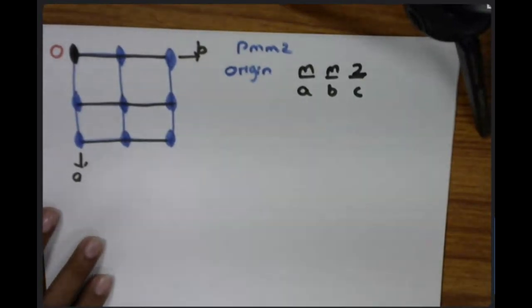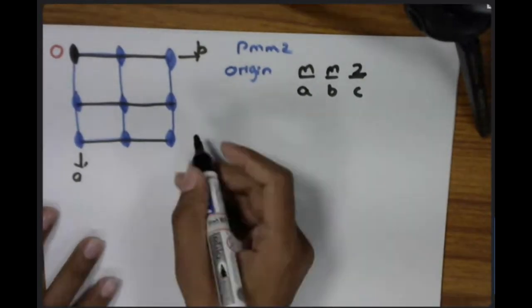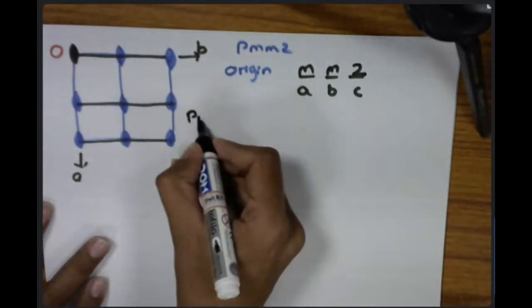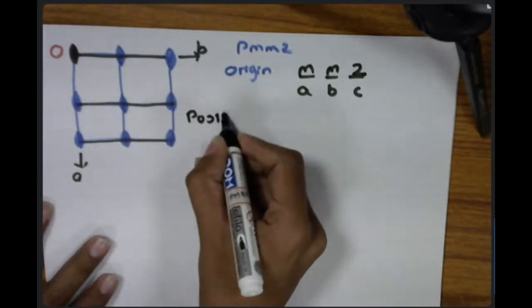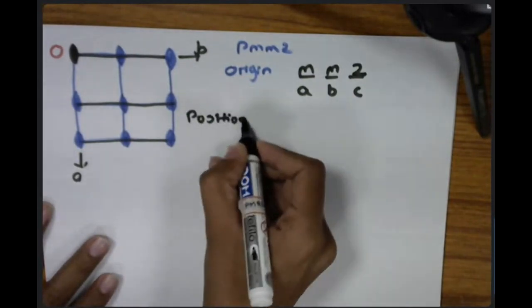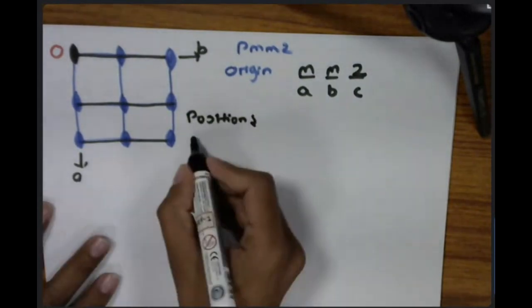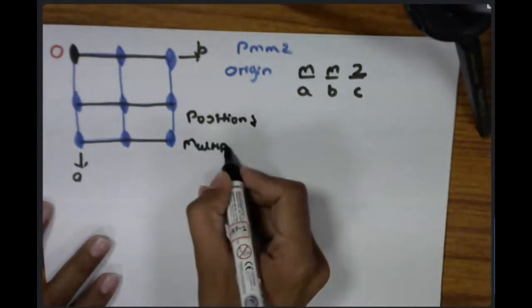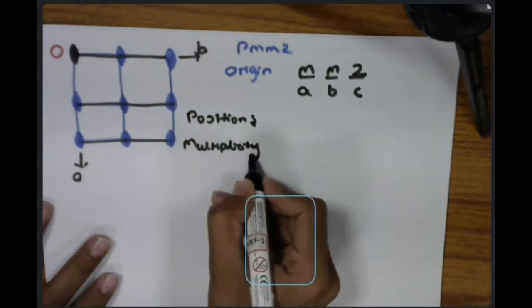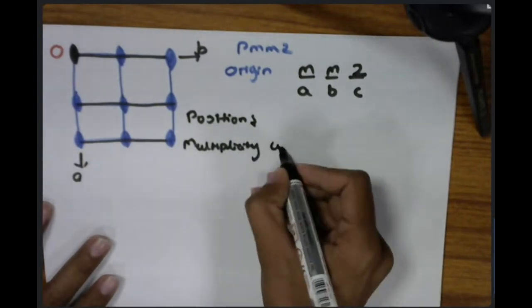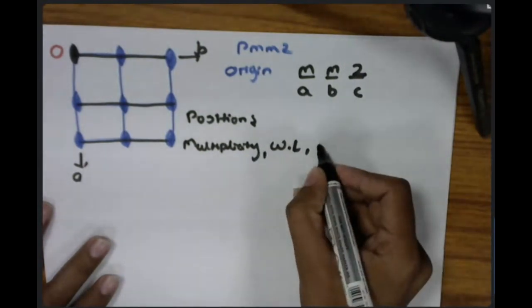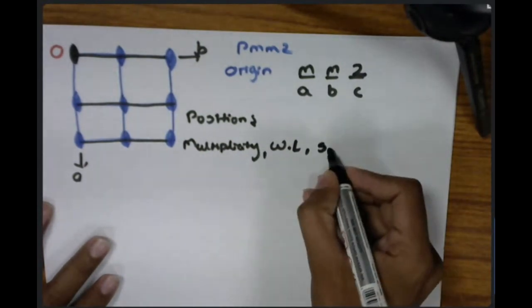Now let's go with the positions. For positions, first we write the multiplicity. Then we have to write the Wyckoff letter. And then after that we have to write the site symmetry.